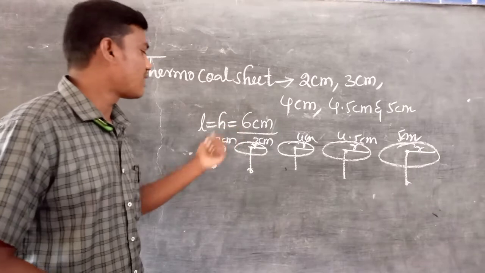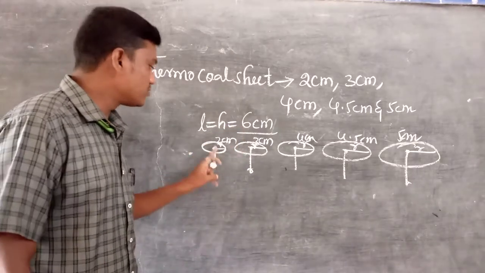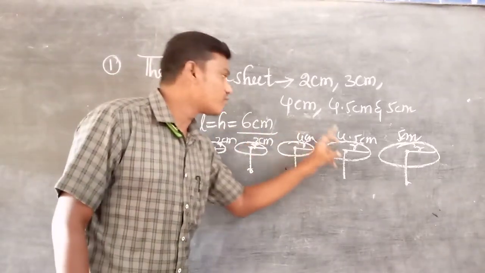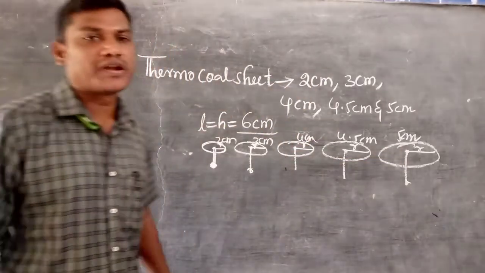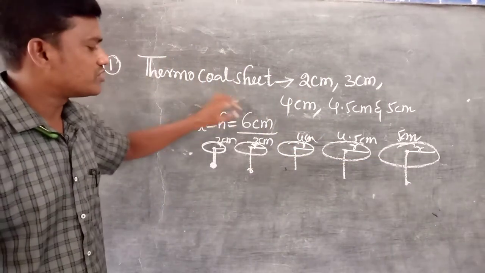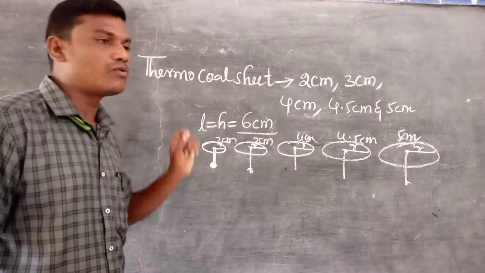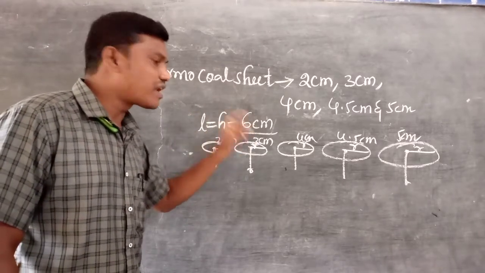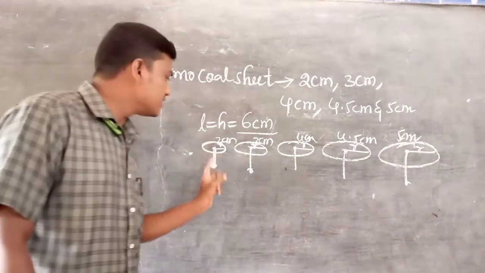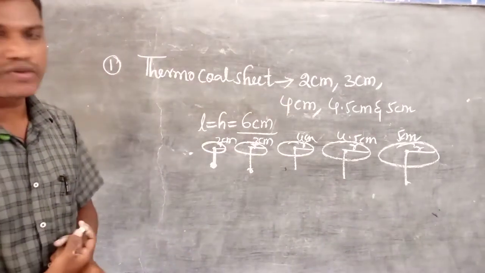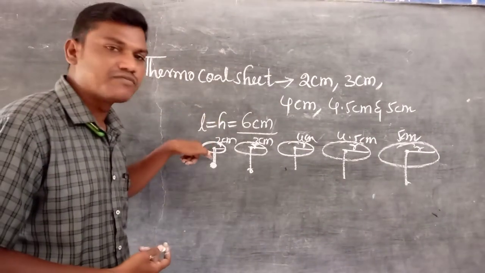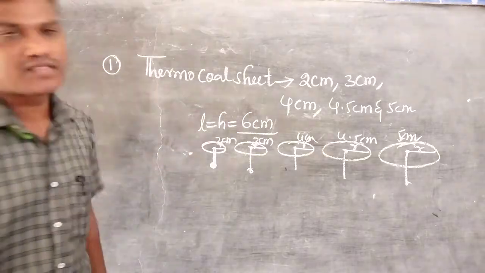For each one, 2 cm, 3 cm, 4, 4.5 and 5 cm radius, we fixed a 6 cm length needle at its center, not at the upper portion, but fixed at the lower portion of the thermocol sheet.